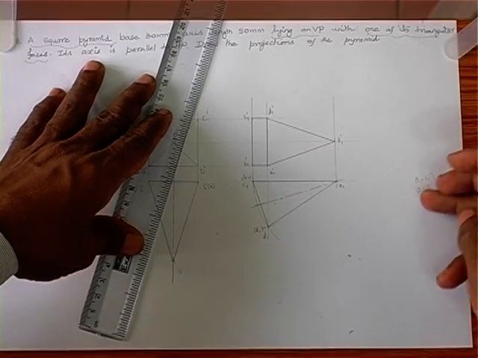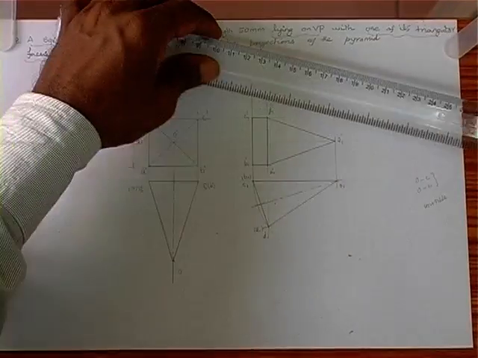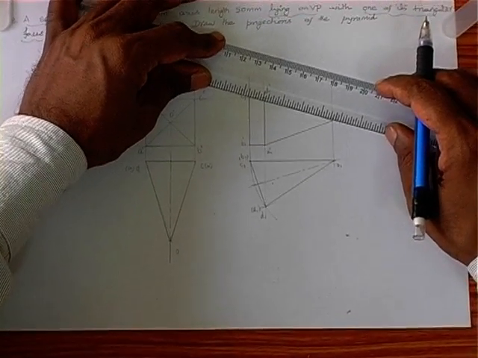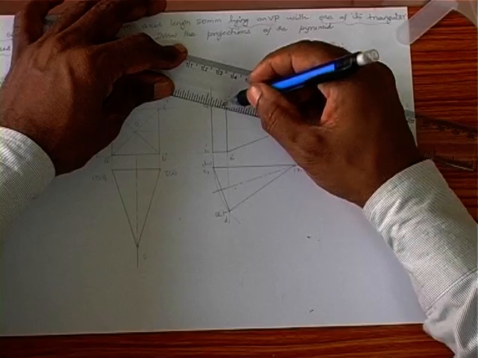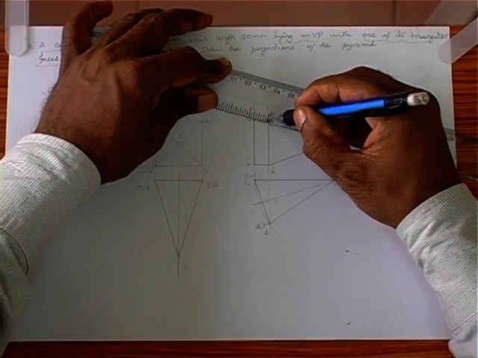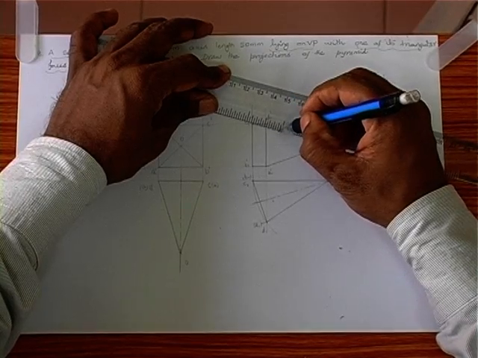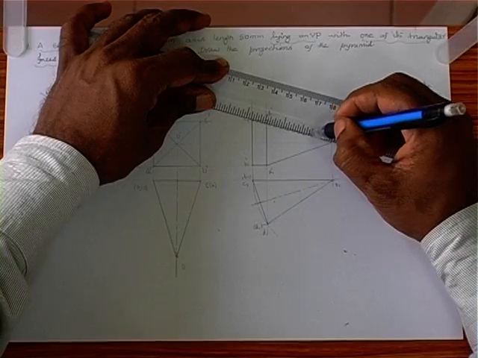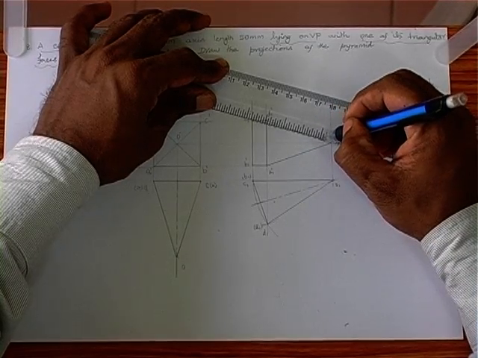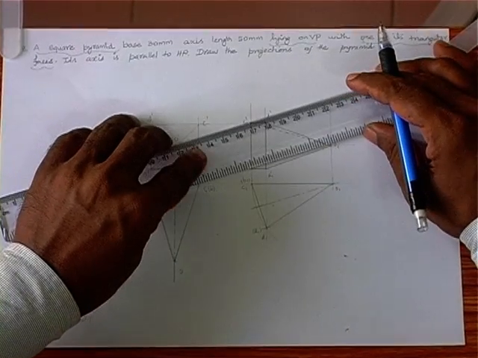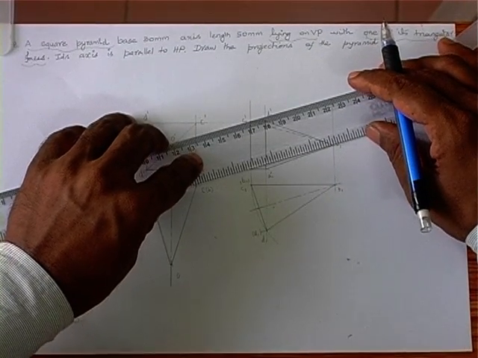We know only OC and OB are invisible, so we put OC and OB as dotted lines. Here we can apply another simple logic. The base is completely visible. Suppose the base is completely visible, then any one of the faces may be invisible.